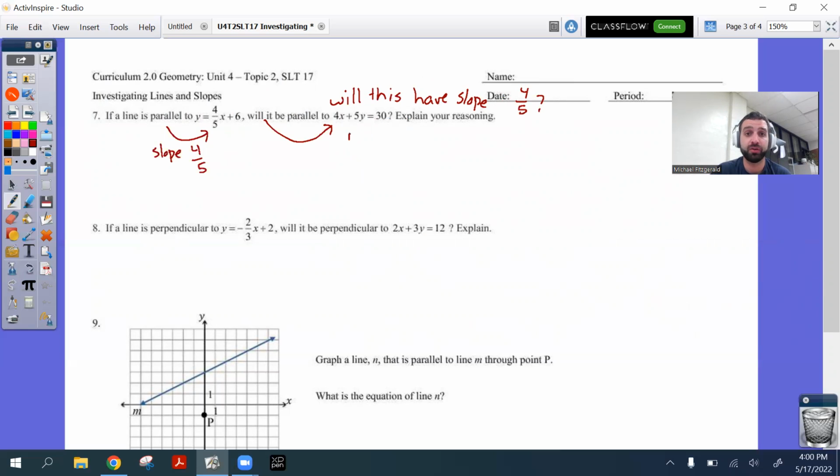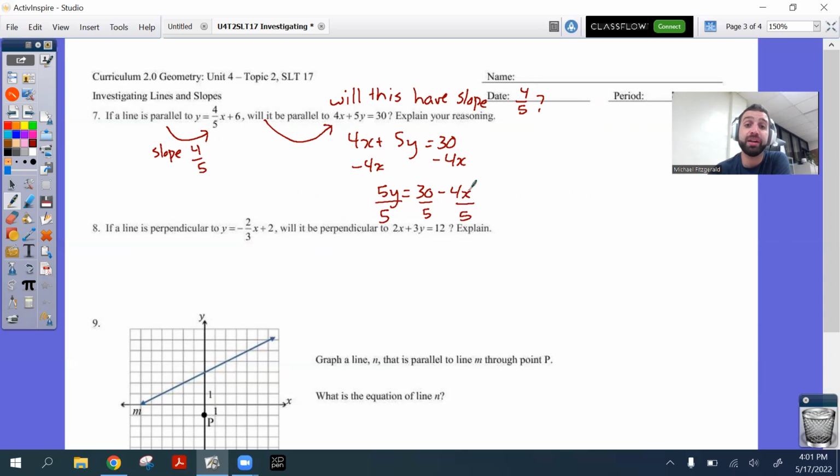Okay, let's see. 4x + 5y = 30. Well, the first thing we have to do is subtract 4x from both sides. We get 5y = 30 - 4x. Now I have to divide by 5. I know I used a big line before, just on the right side, but this might make it a little bit easier.